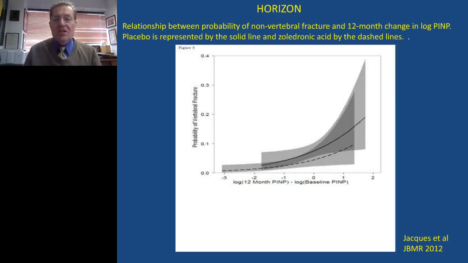This is a more recent slide from Jacques' group in JBMR 2012, and this shows in the zoledronic acid studies the relationship, on a log scale, between the drop in the P1NP, again using the P1NP as a resorption marker, and the magnitude of fracture risk reduction. The placebo is in the solid line, and zoledronic acid is in the dotted line.